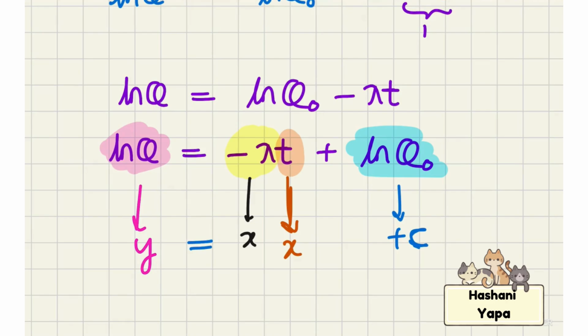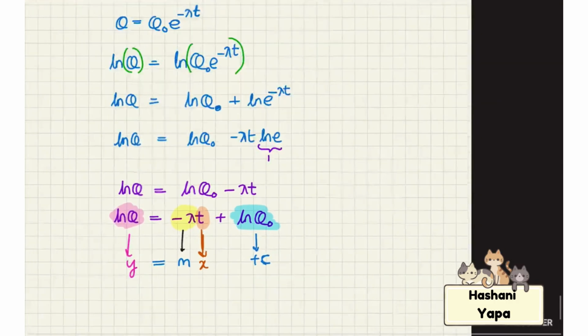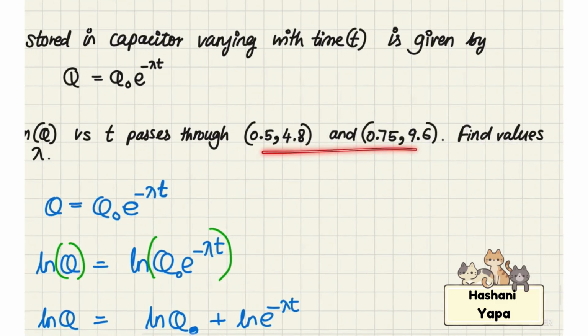This is our line. I wrote x here, it should be m. So the gradient m is equal to minus lambda, and they have given us 2 points, which means we can find the gradient.